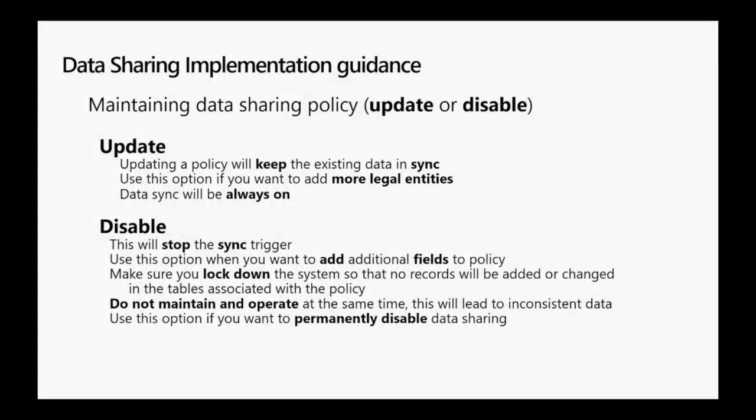You don't want to have data inserted while the policy is disabled. If you do, and records are inserted in one of the tables belonging to the policy, after enabling it, it will not synchronize that record, and you might end up with data which is not in sync.